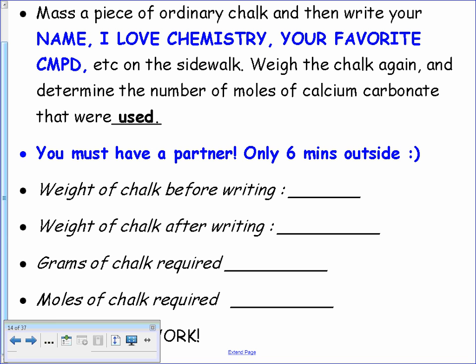For atoms, we're going to do 1 times 6.022 times 10 to the 23.